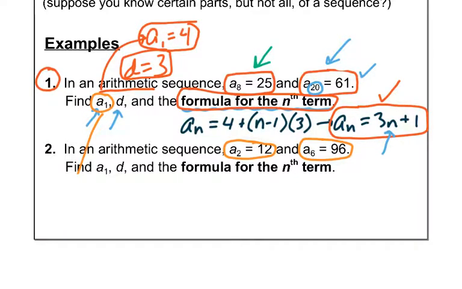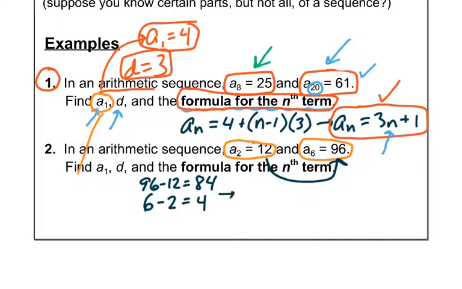All right, if you remember, we talked about how far we traveled from one number to the next. So from 12 to 96, I traveled a total distance of 84 between both those terms. In how many steps? The steps were the n values, right? So from the 2nd term to the 6th term, I would do 6 minus 2 to get that, and that would be 4.